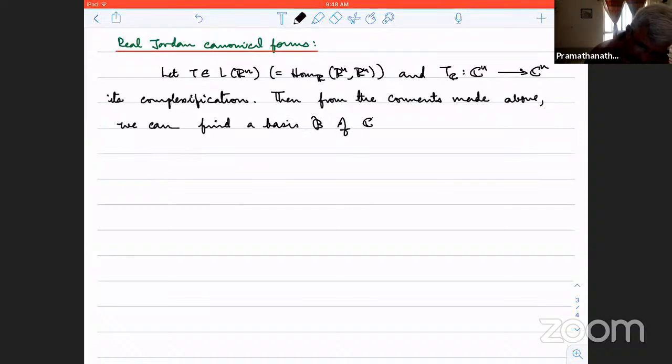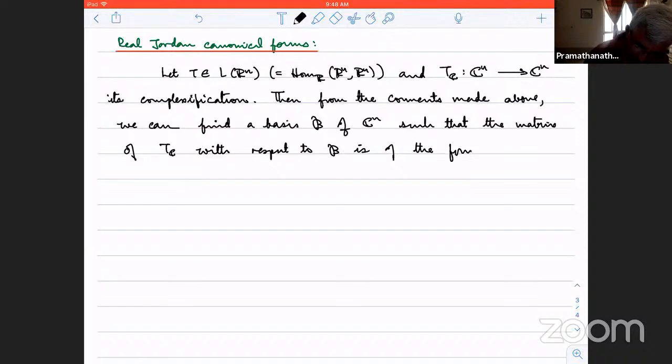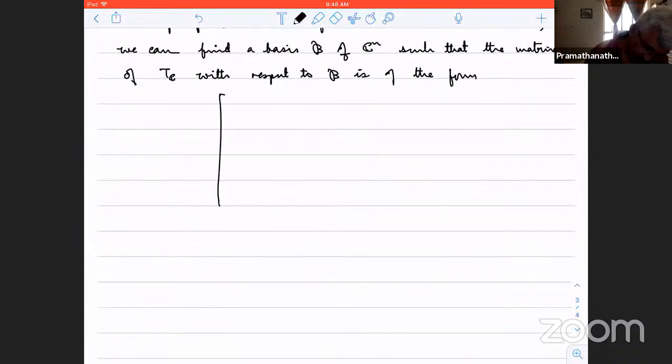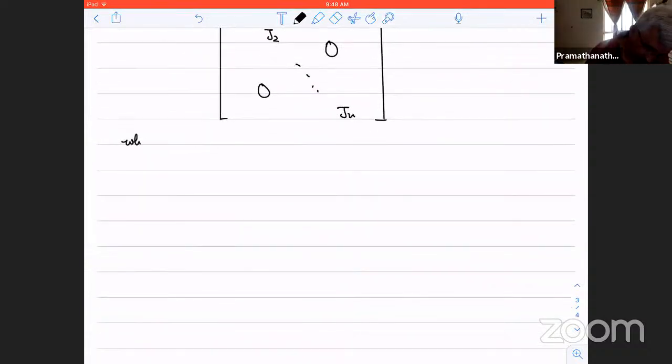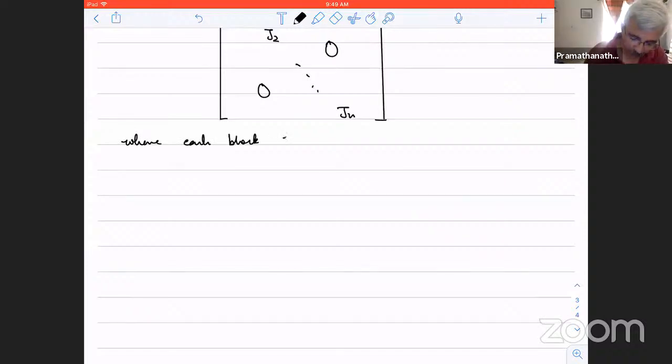B of C^n, an ordered basis, such that the matrix of T_C with respect to B is of the form J1, J2, ..., Jn, where each block has the form shown.